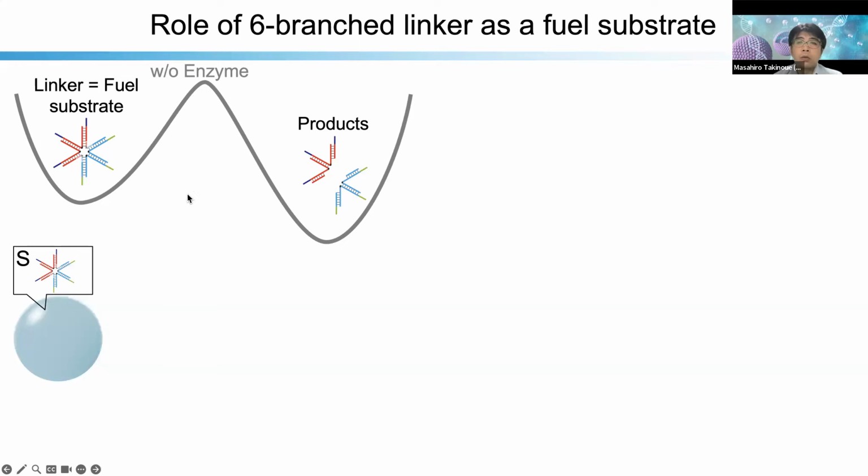This is the higher energy state. But the linker cannot spontaneously react so fast because of the high barrier here. But after the enzyme addition, the reaction starts and produces a cleaved product like this.